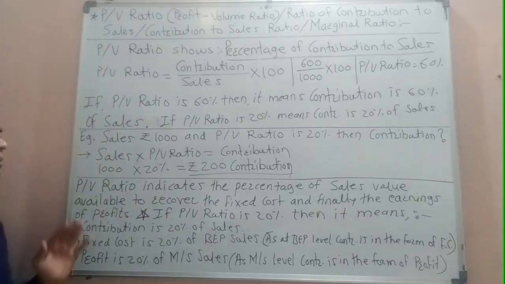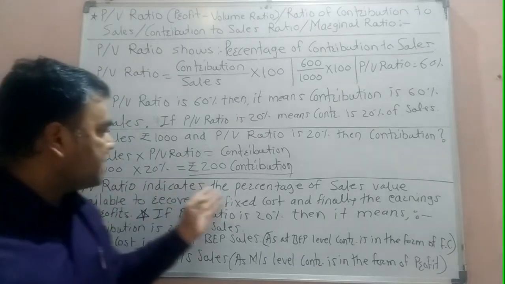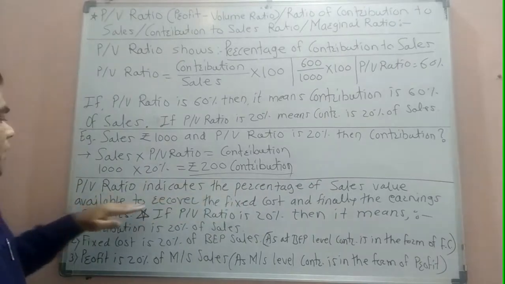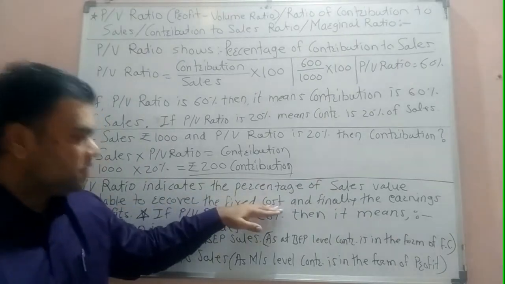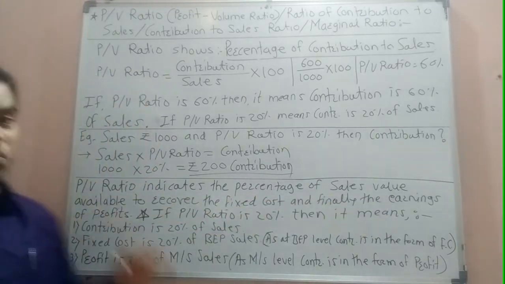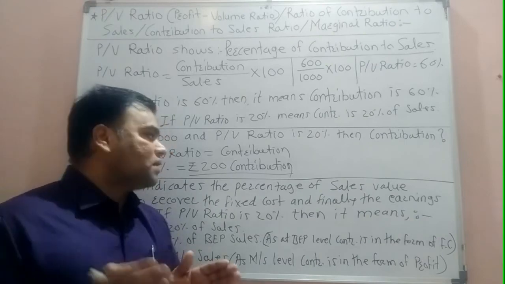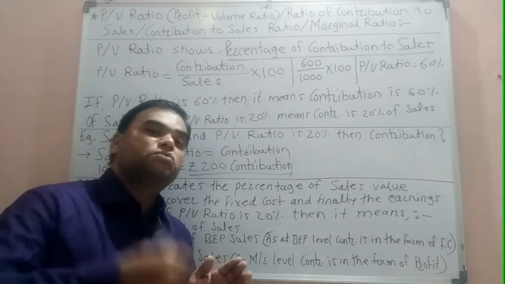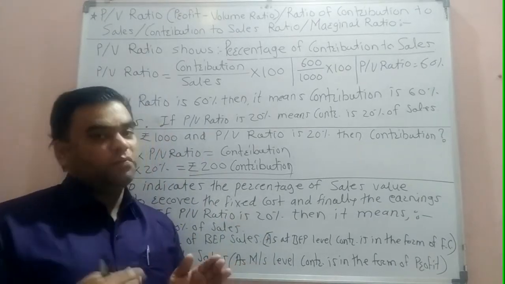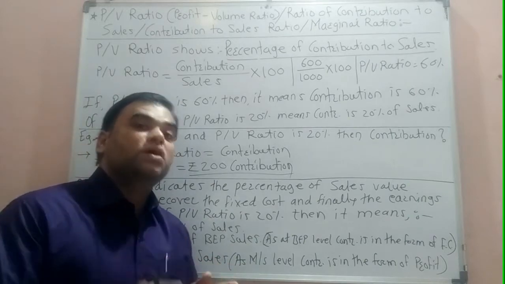Now next, what does PV ratio indicate? PV ratio indicates the percentage of sales value available to recover the fixed cost and finally to earn profit. It means the percentage of sales which will be utilized to recover our fixed cost, and then finally earn profit. What do we utilize to recover fixed cost?